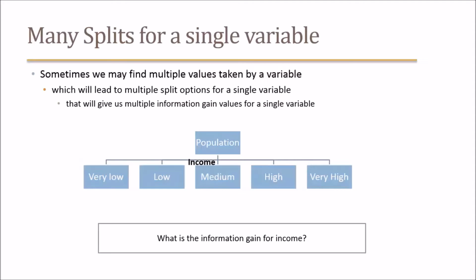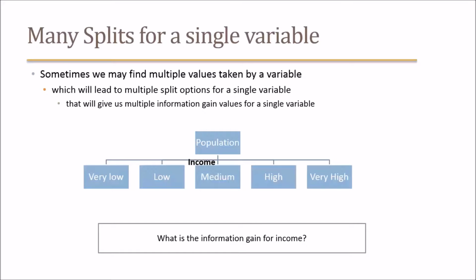But what if we have multiple splits possible for a given variable? Let us suppose there is this variable income which takes 5 values: very low income, low income, medium income, high income, very high income. So sometimes we can have variables which are taking multiple values, so just splitting the population directly into two segments might not be possible.